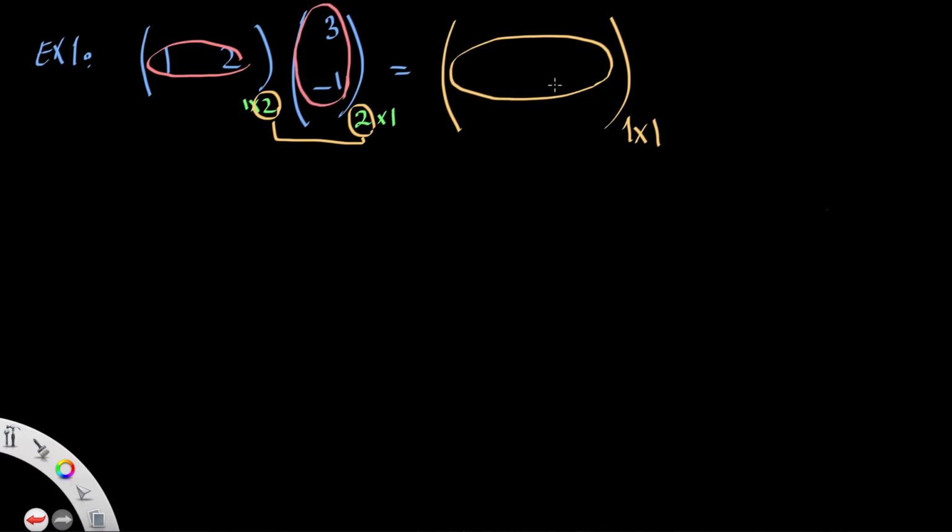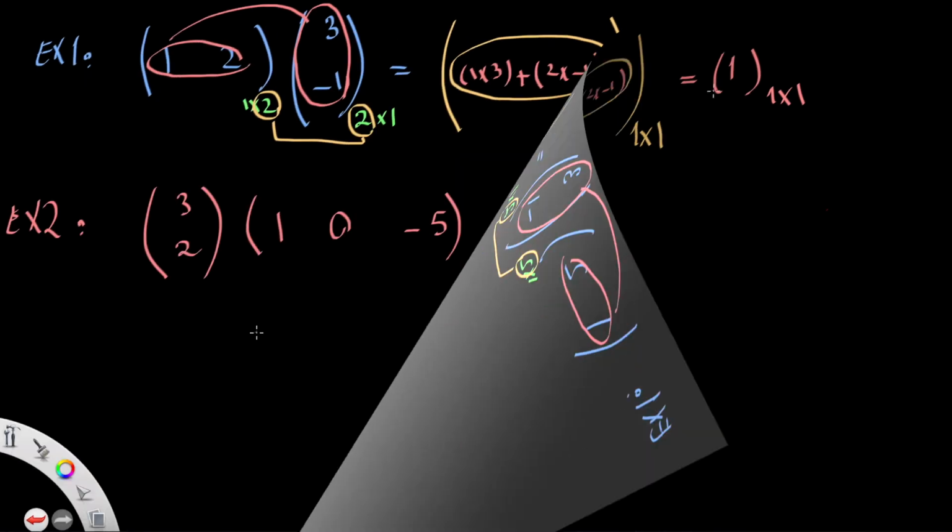Now multiply corresponding elements, first element by first element, which is 1 by 3, plus second element by second element. So it will be 3 minus 2, which is 1. So it will be a 1 by 1 matrix whose element is 1.